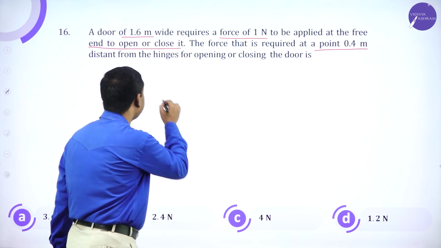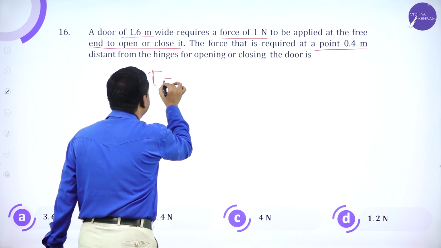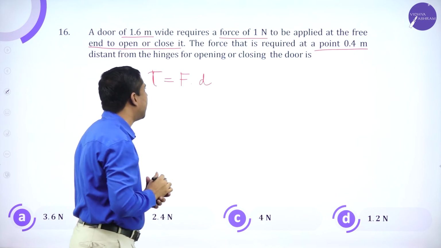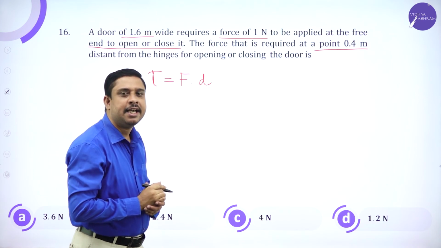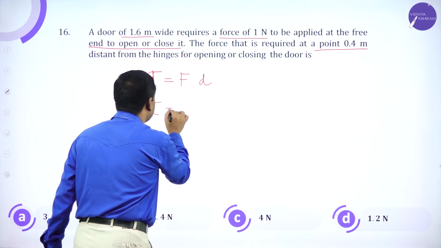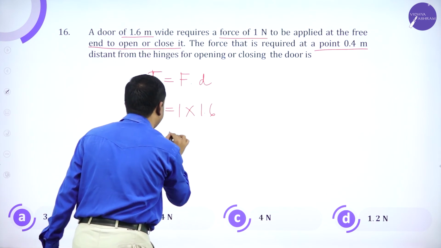Now, we know torque is force into displacement. So torque is 1, displacement is 1.6.